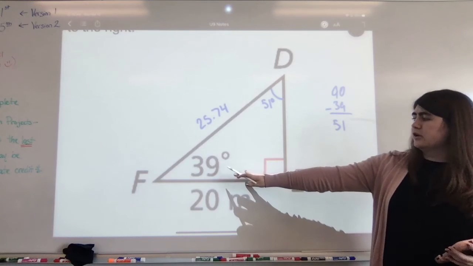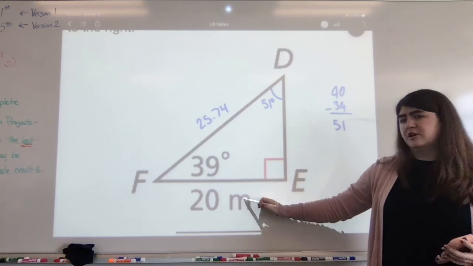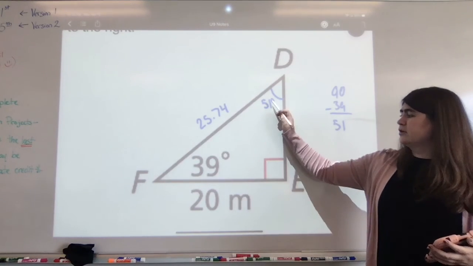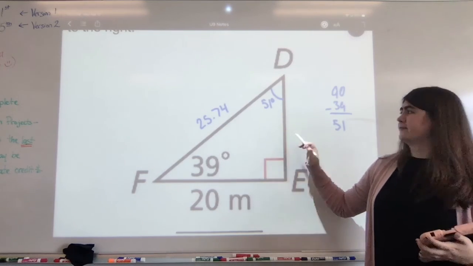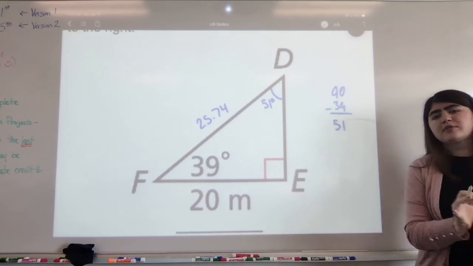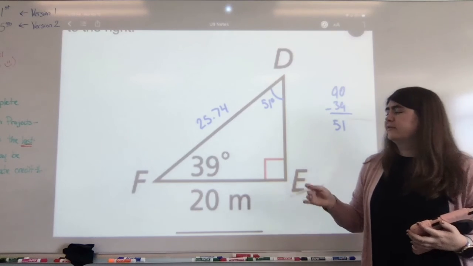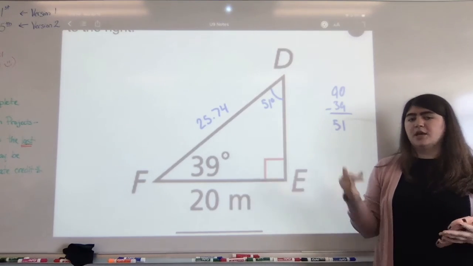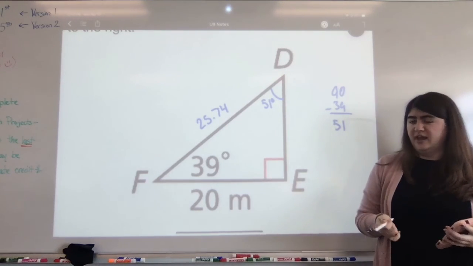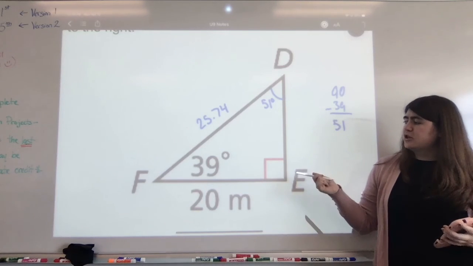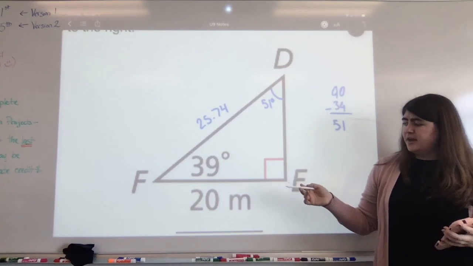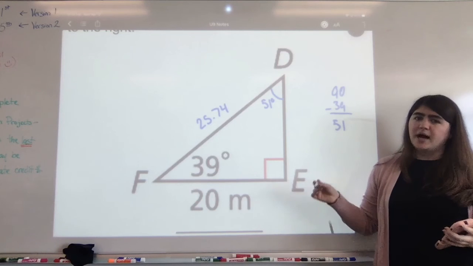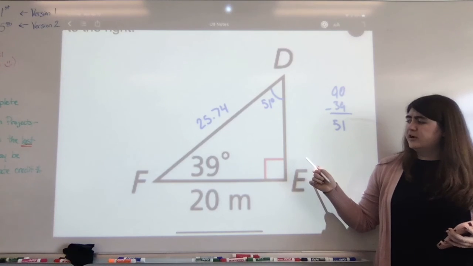If I use 39 degrees, then I'm using opposite over adjacent. If I'm using 51 degrees, then I'm using opposite over adjacent. So both of those have to be the tangent function if I'm not using the hypotenuse, because the tangent function is the only one that doesn't use the hypotenuse. Now, the catch here is, do we want to set this up so that we have our variable on top of the fraction, or on the bottom?